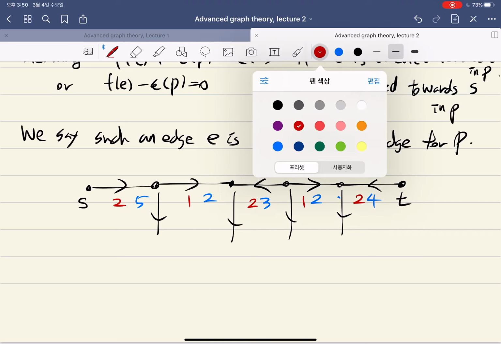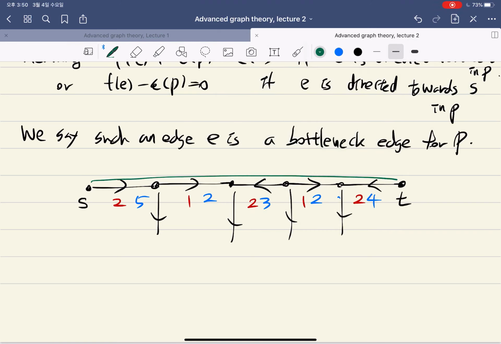And then let's say we take this augmenting path, and we increase by plus 1, plus 1, plus 1, sorry, minus 1, plus 1, minus 1. Let's say this was 1.